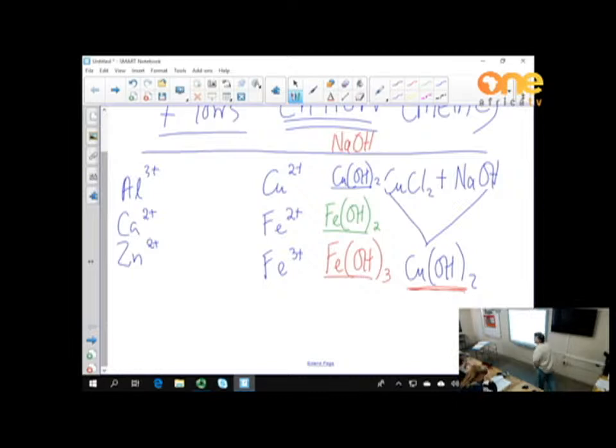Okay? What's the color of rust? Rust is iron 3. Yes. But it's the iron 3 plus iron. Whether it's the oxide or the hydroxide, the iron 3 plus iron is red, reddish brown. Well, yes. If the oxide that is formed is green, then it's iron 2 oxide that has formed.